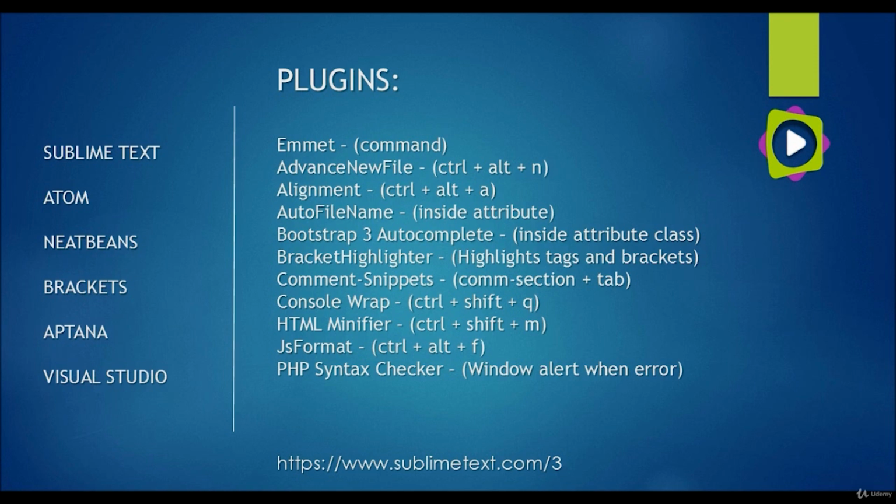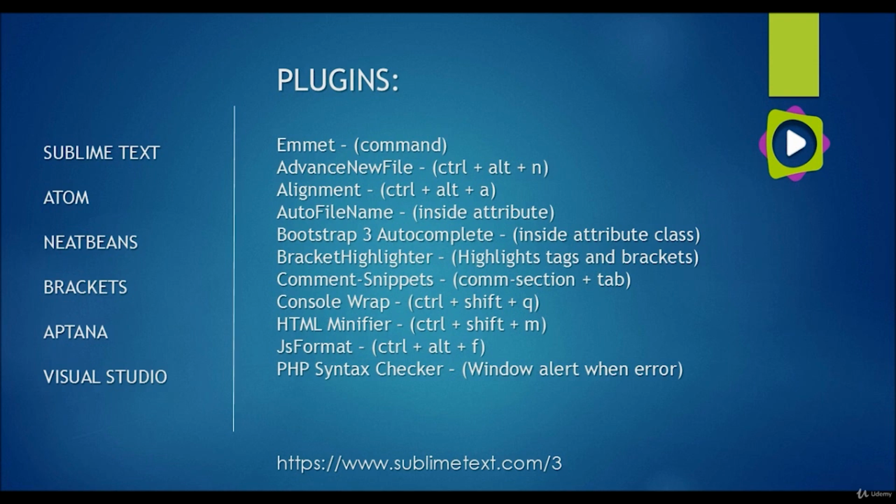Why am I suggesting Sublime Text? Because it has some snippets or plugins that I will use for this course. Probably you can find these snippets for the other editors too, but sometimes when I'm explaining something in the course, I use these shortcuts to speed up actions in the coding process.